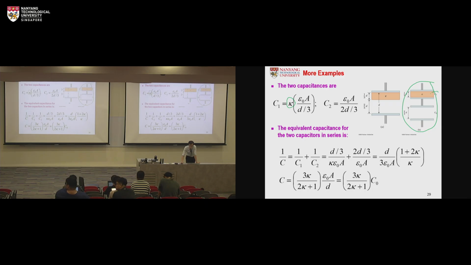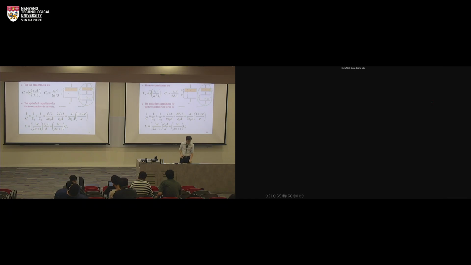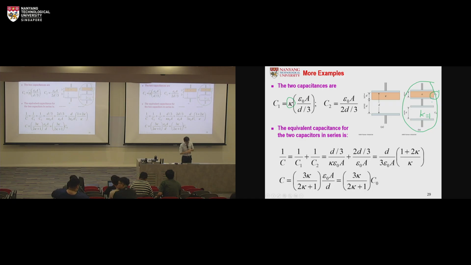Now for this C2, kappa is basically 1, while for this C1, kappa is another value, right? So this is pretty much the topics about the capacitance.